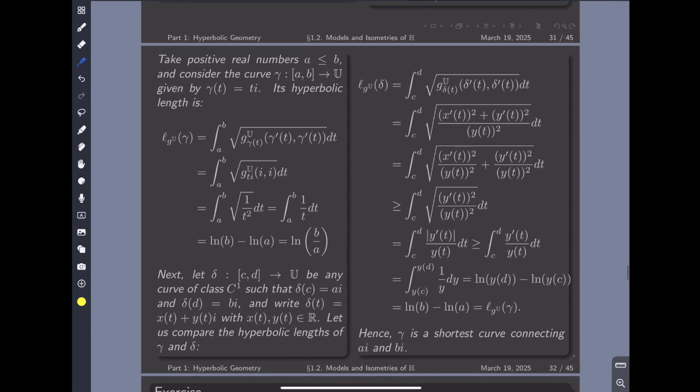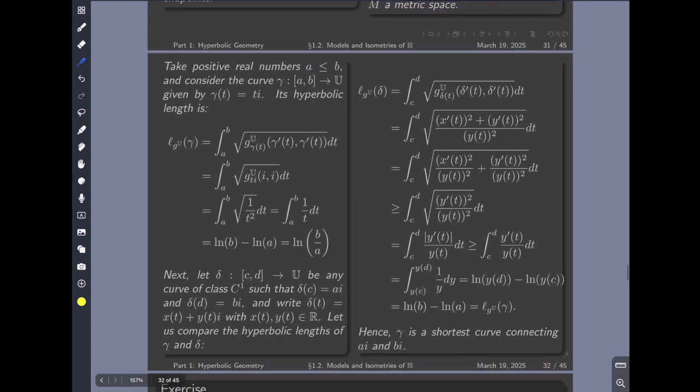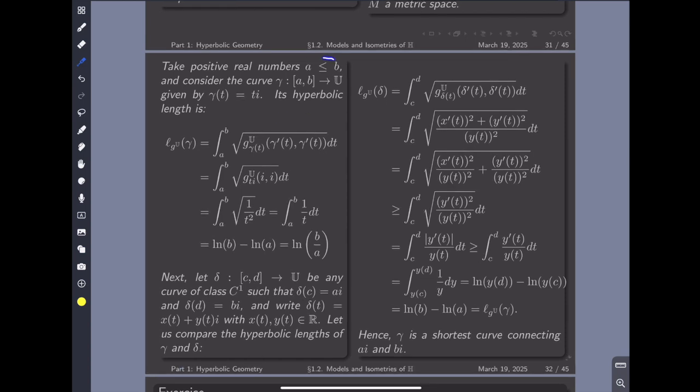One would like to at least do some computations. So consider a curve connecting the point ai to the point bi with a less or equal than b.